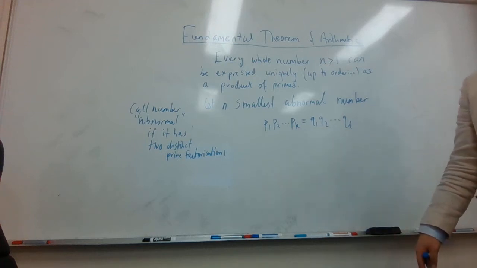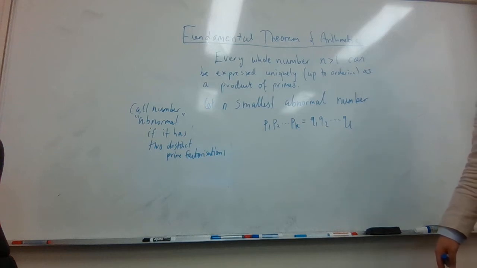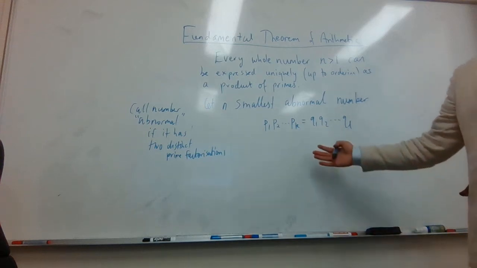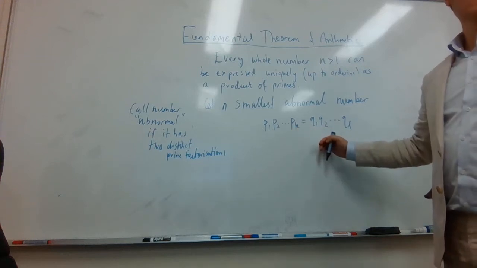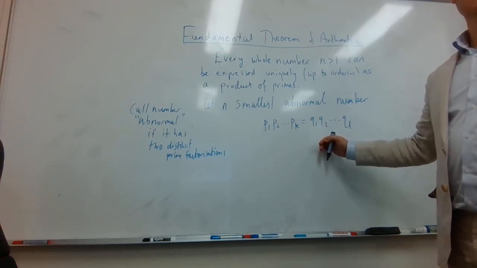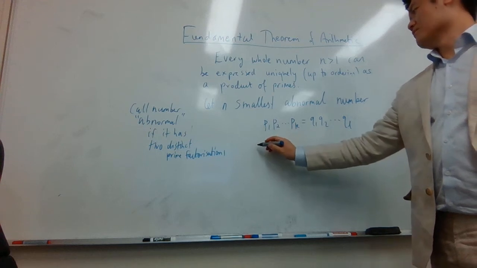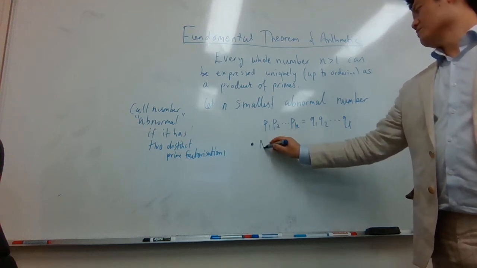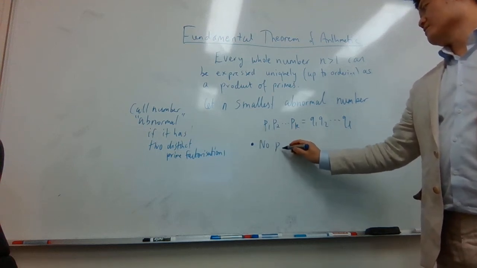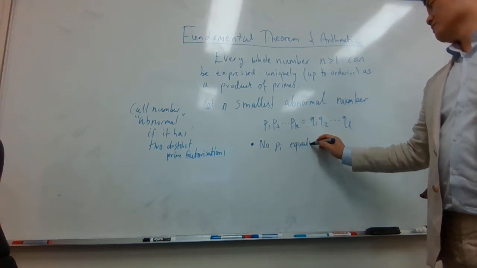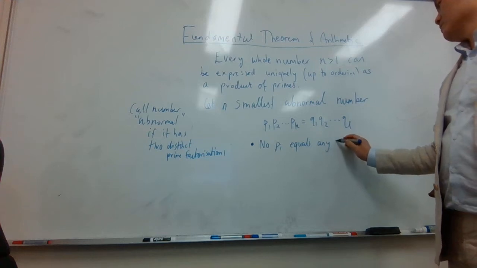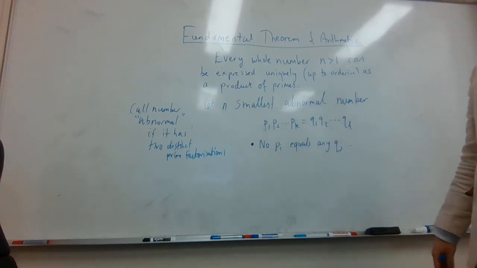So maybe I can break it down for you a little bit. The first claim is, can you show that none of the p's are equal to any of the q's? Well, yeah, because then you can just divide n by the thing, and you get another abnormal number. Because we're assuming that n is the smallest abnormal number.